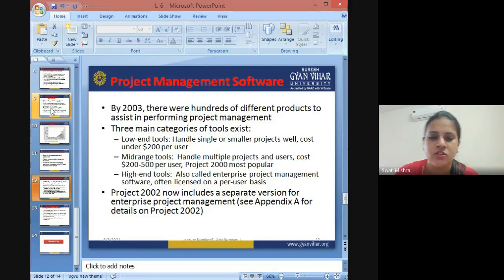It's not like a small project with a very small network diagram and a small work breakdown structure, but rather some huge projects have multiple different work breakdown structures. And even the software Project 2002 includes a separate version of enterprise project management for this very purpose.